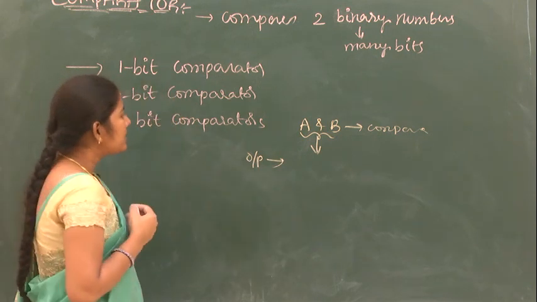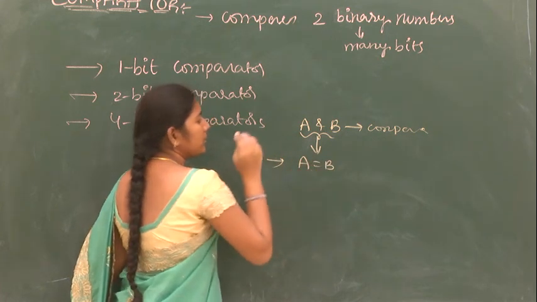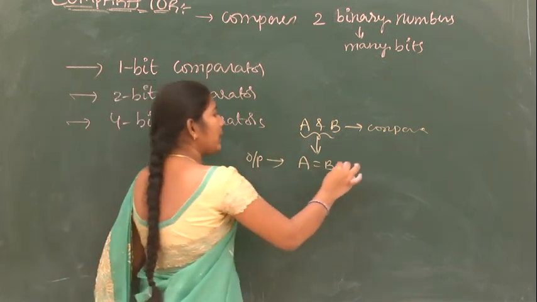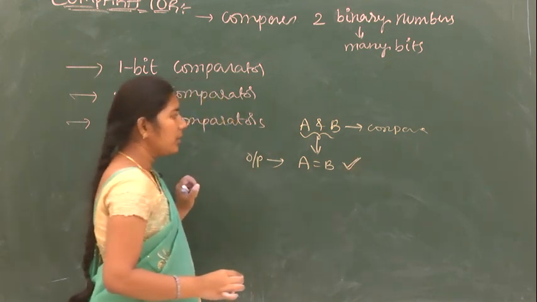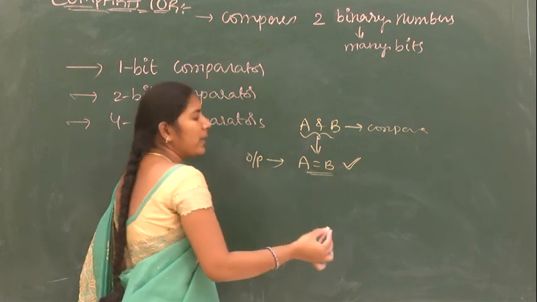Just see, there is a possibility that these two numbers may be equal, right? So this is one output. When we are comparing two numbers, we may get both are equal. That is one possibility.